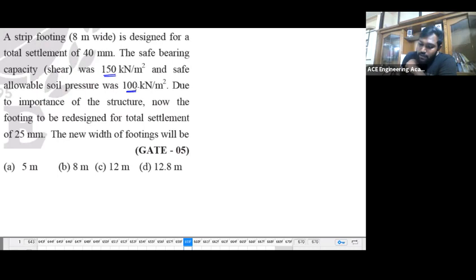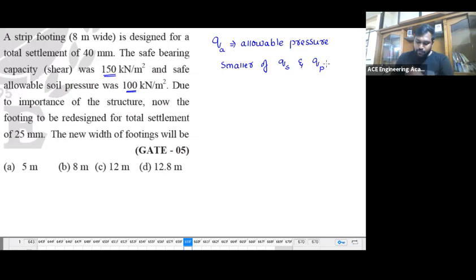But here the soil is going to shear at 150, but you see the allowable pressure should be the smaller of QS and QP, right? So what is this QS? Safe bearing capacity.